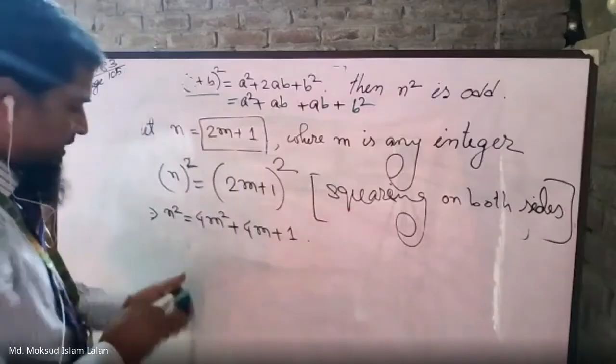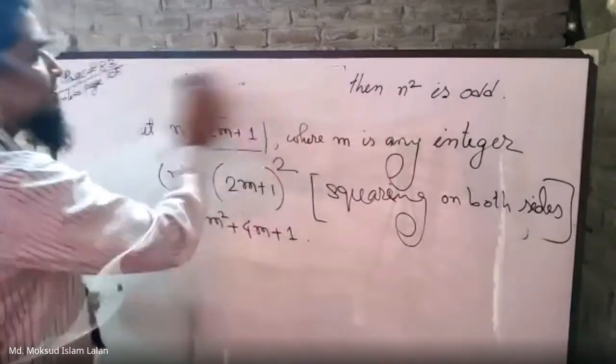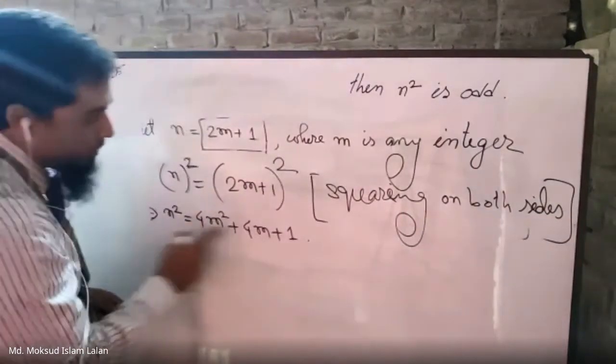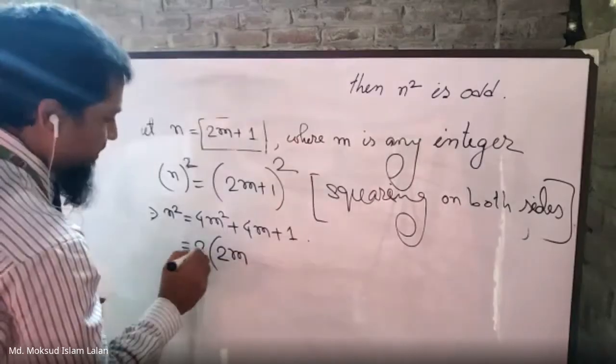Now coming to the point, dear student. Now we have to prove that n is what, right? We have to prove n is what. So n square is what? Now we need to conclude this one, right? So can I common from this part? Can I write 2m common?